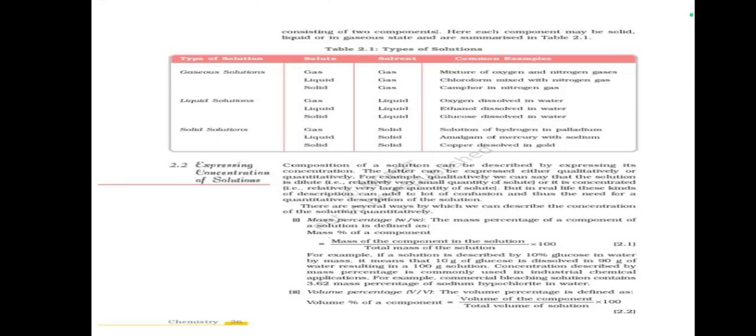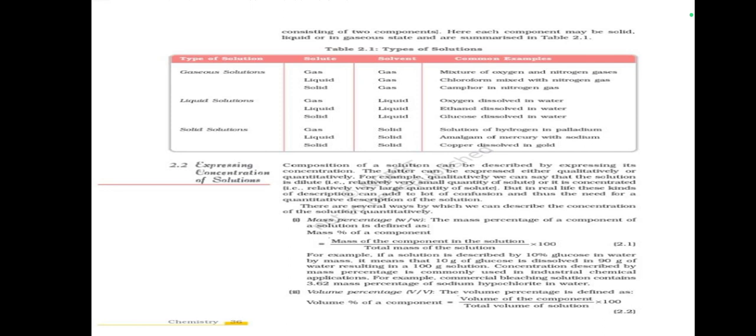One or more components present in the solution other than solvent are called solutes. In this unit, we shall consider only binary solutions, that is, consisting of two components. Here each component may be solid, liquid, or in gaseous state, and these are summarized in Table 2.1. Types of solutions: gas, liquid, and solid.